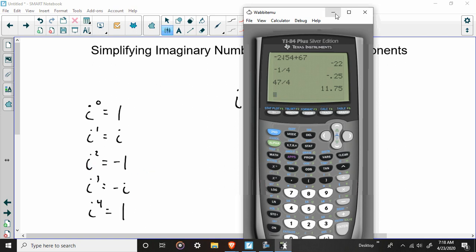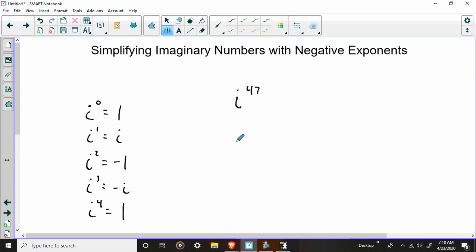So what does this become? This becomes i to the fourth power, 11 times. That gives us 44, and then what do we have left? 45, 46, 47. So this becomes i to the third power.